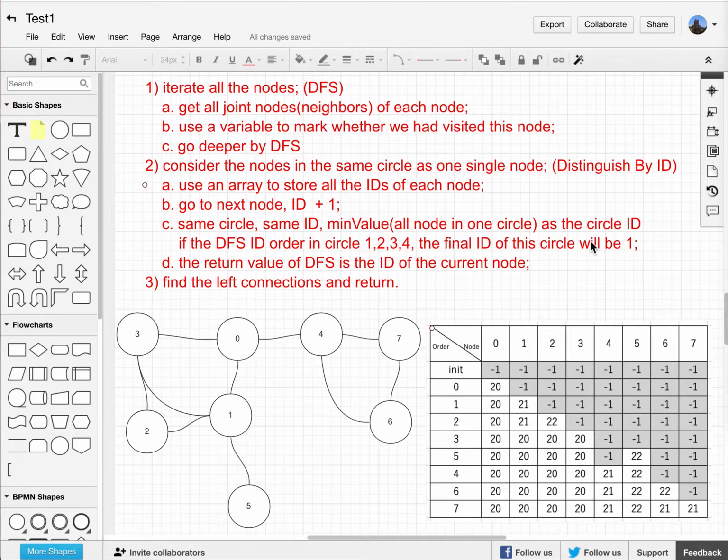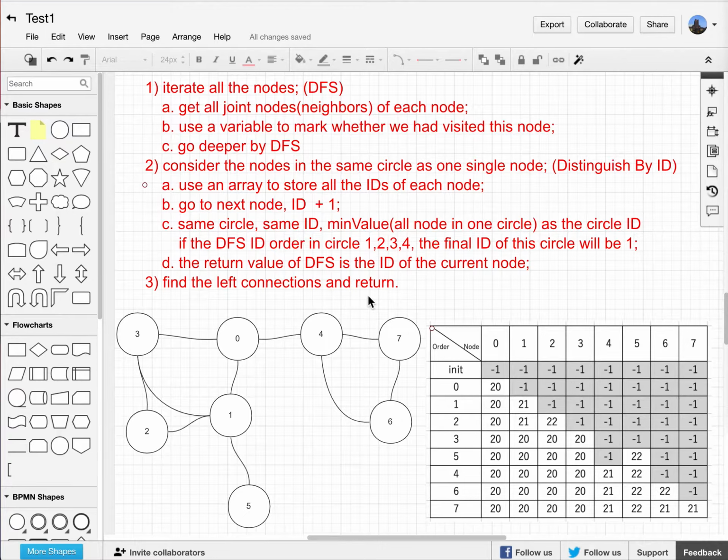The details will be: get all the neighbors of one node, use a variable to check whether we have visited this node, go deeper by DFS, and consider some nodes as one single node by giving them an ID, with the same circle having the same ID.